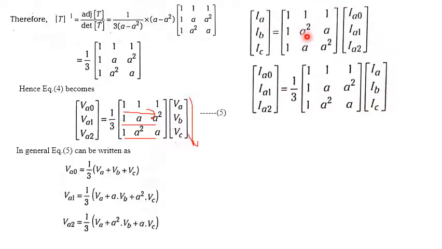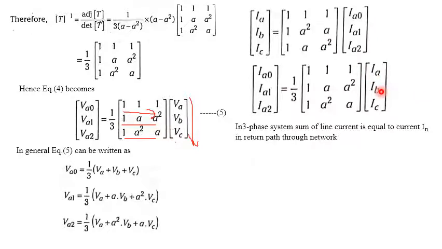So do not get confused here. This is the phase voltage in terms of symmetrical components, and here the symmetrical component in terms of the phase current.